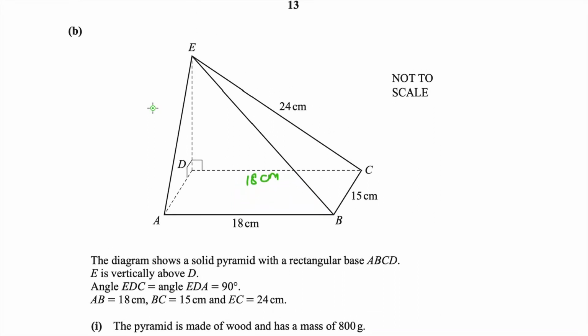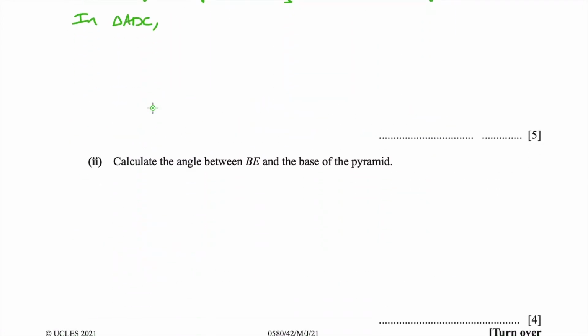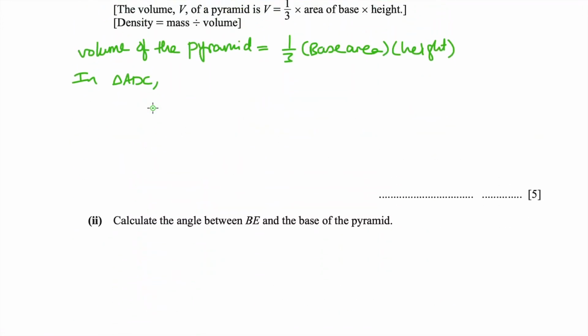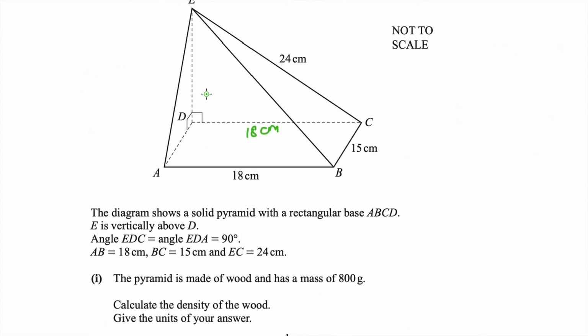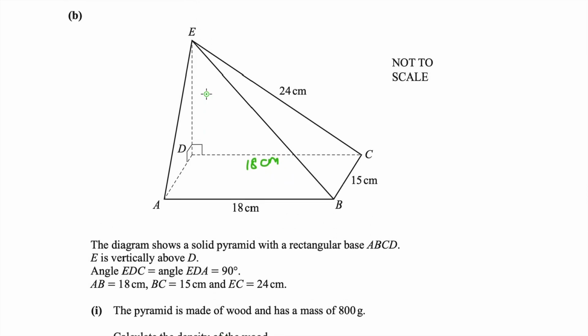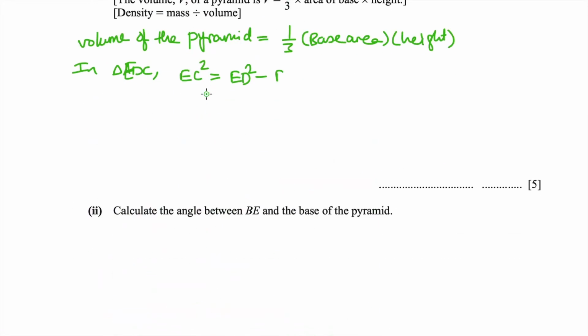In triangle EDC, ED square is equal to EC square minus CD square. See, this is Pythagoras theorem.